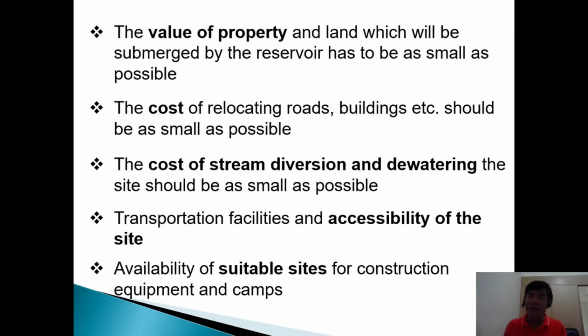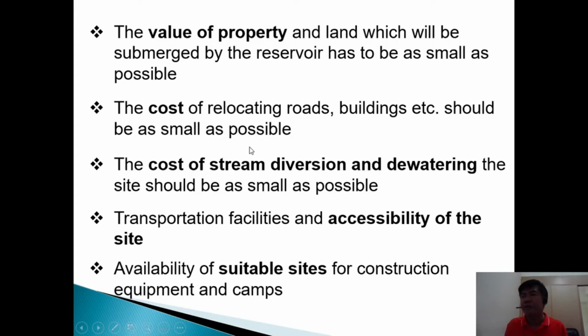There are other freebies, like in the relocation site there should be a full house to be constructed for them, and so on. So the cost of relocating roads, buildings, if there are any, should be as small as possible.